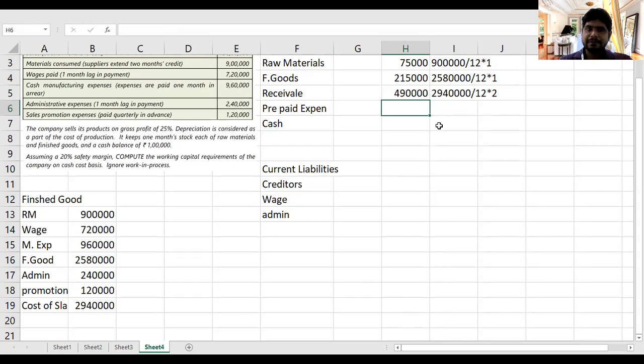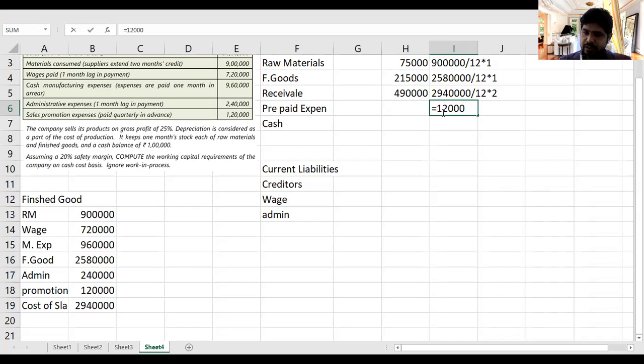No, 4 months would mean 16 months in a year. So altogether 12 months, so we divide by 4, a quarter equals 3 months. Very good. And sales promotion expenses equal 120,000, right?